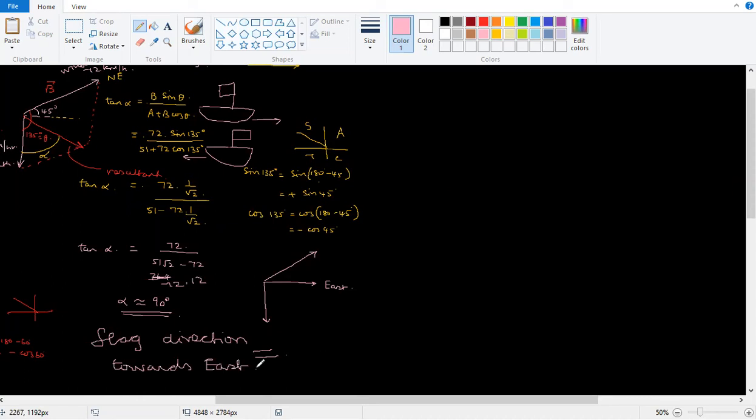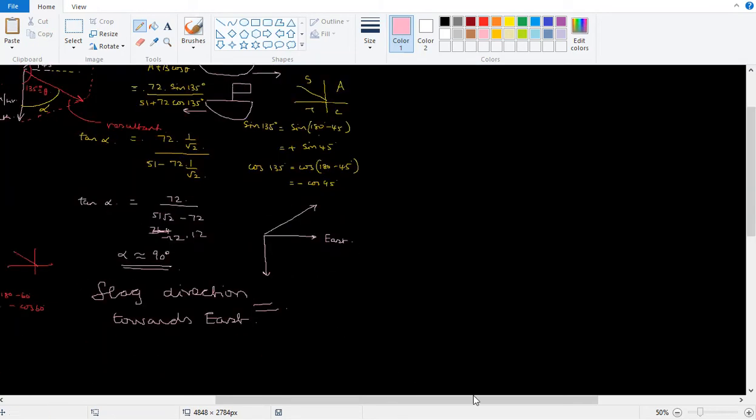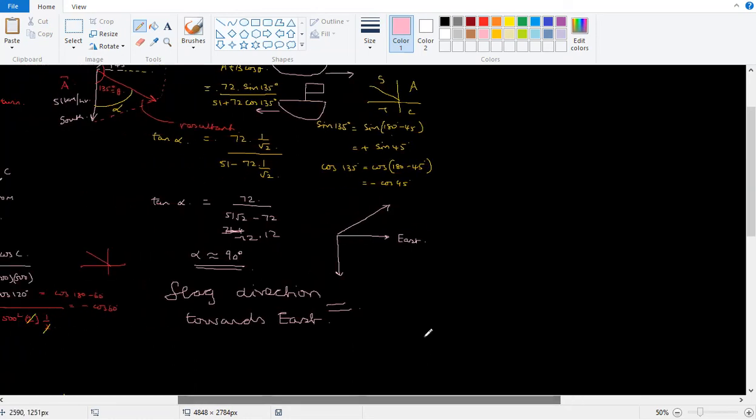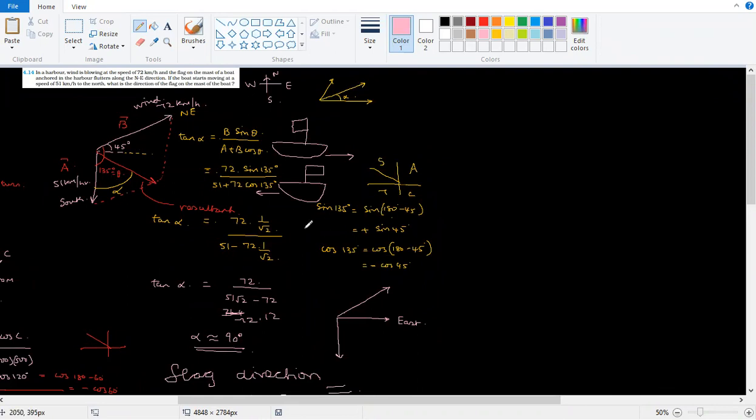So take it down properly. Any questions, any doubts? Remember, diagrams are very important. Okay, so if you do your proper diagrams, most of the problems will be over there itself. If you make a mistake here, everything will go wrong.